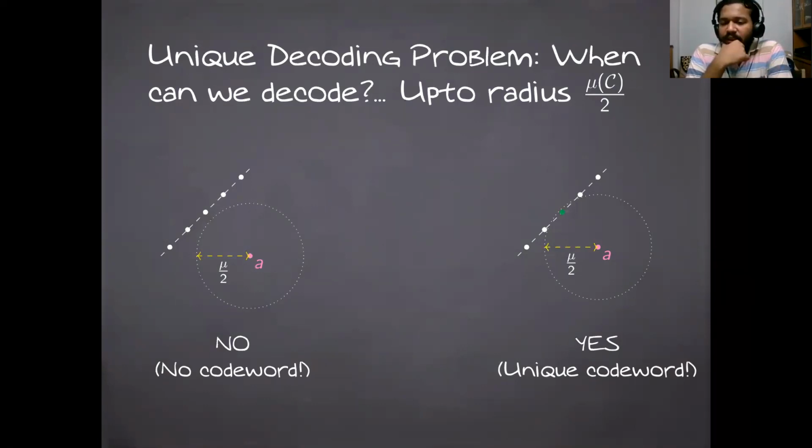One is the corrupted word is too far away from the subspace, in which case it's not close enough to anything, so we better not decode it. And the second is it is close enough to exactly one code word, in which case we know what it should be. And we just decode to that point and give it as the output. So that's the unique decoding problem, and this is what we would like to do.